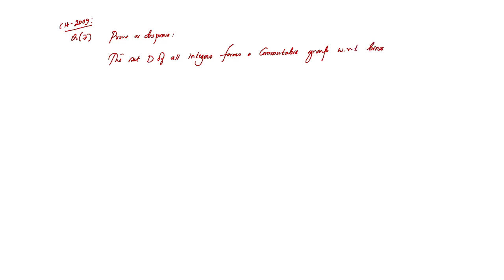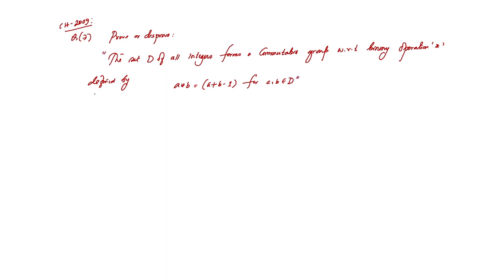This question was asked in the year 2009. The question is: prove or disprove that the set D of all integers forms a commutative group with respect to the binary operation star, which is defined by A star B equals A plus B minus 1, for A, B belonging to D.